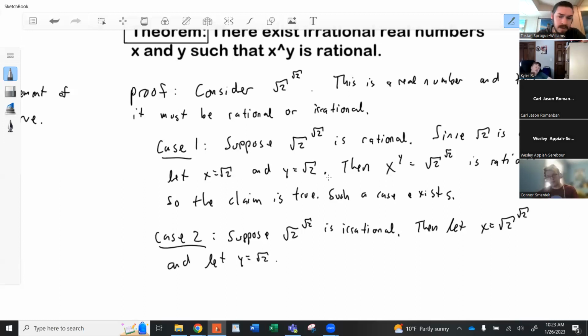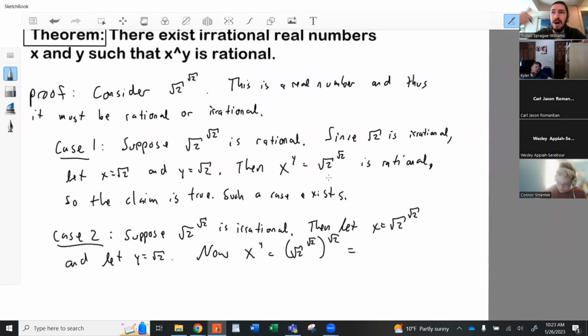Okay. So now in this version of events, x to the power y equals square root of 2 to the power square root of 2, and then all of that to the power square root of 2. What happens when you take a power of an exponential expression? What do you do with the powers?